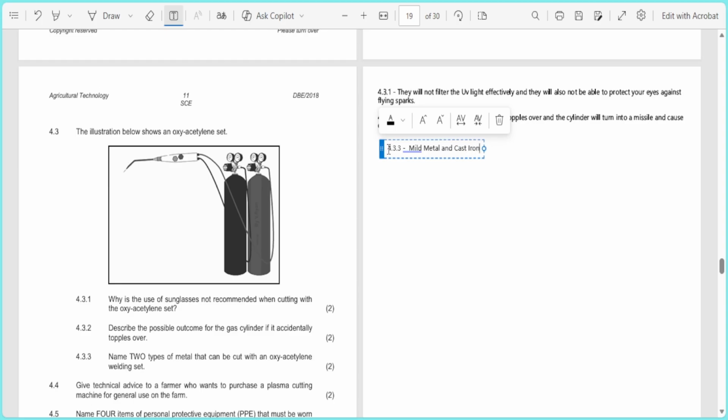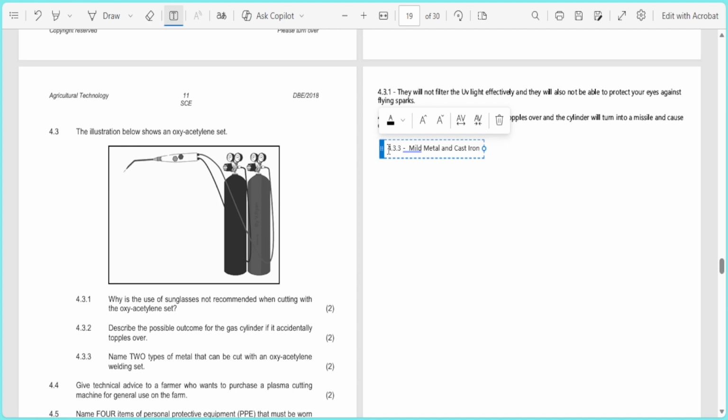There's also stainless steel and carbon steel.